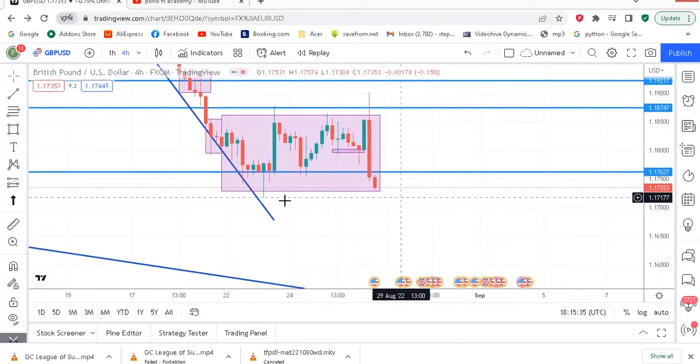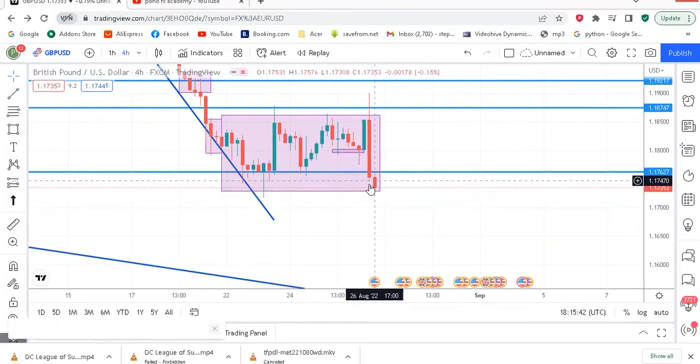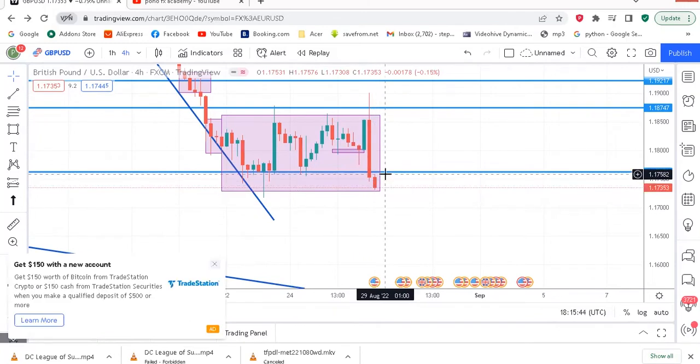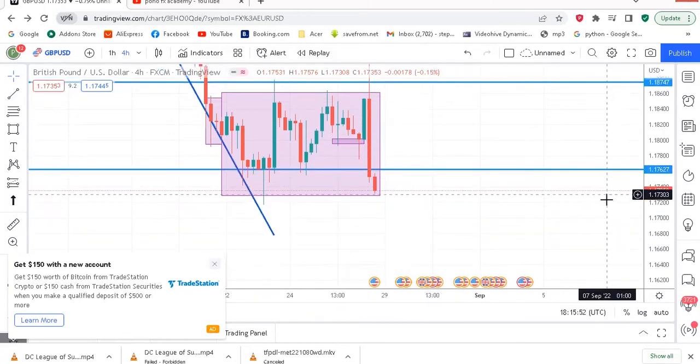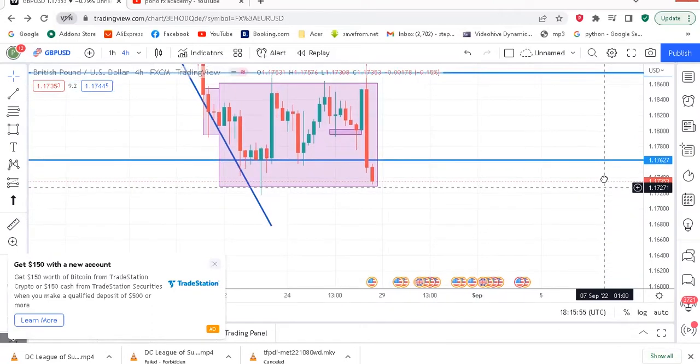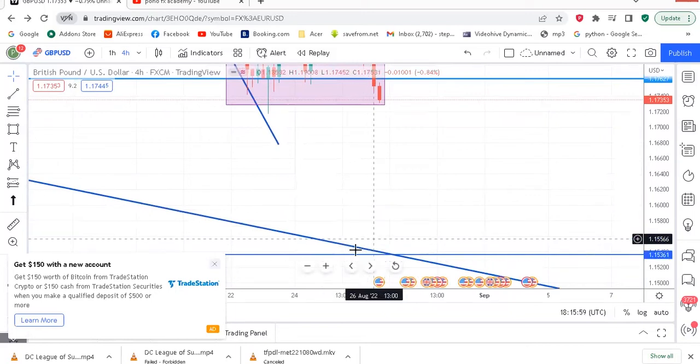It hasn't broken below here from the previous touch, so when it opens in the morning, it might go a little bit up here to retest and then continue down some more. From what we're getting here, we're still seeing a possibility of a continuous sell, at least until around this area here.